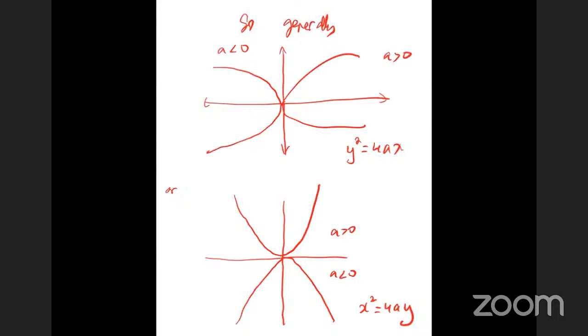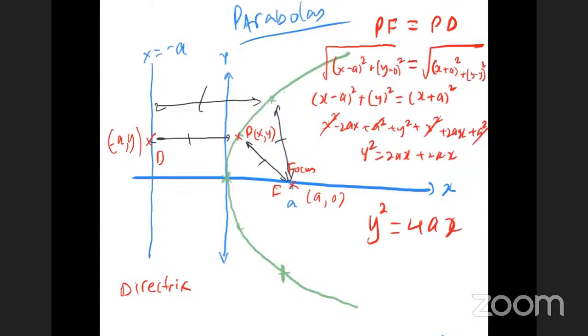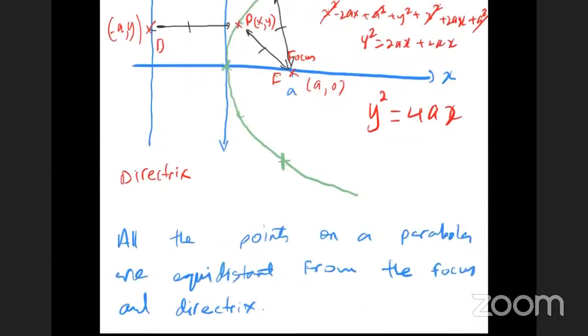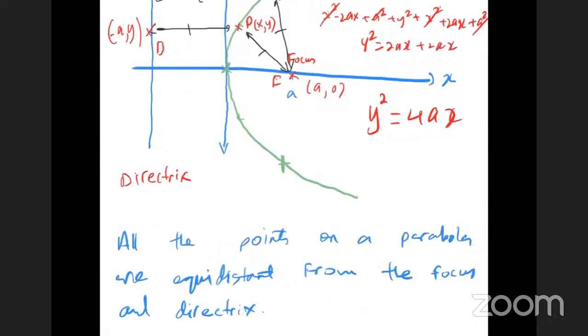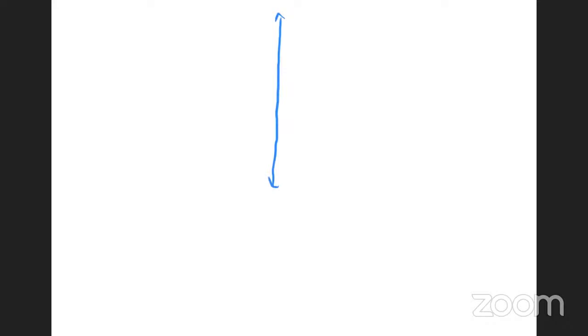All right? What's the special thing, the loci, defining the parabola? It is this. If I ask you to draw a parabola, you need two important things. In order for you to draw a parabola, here's what you need.